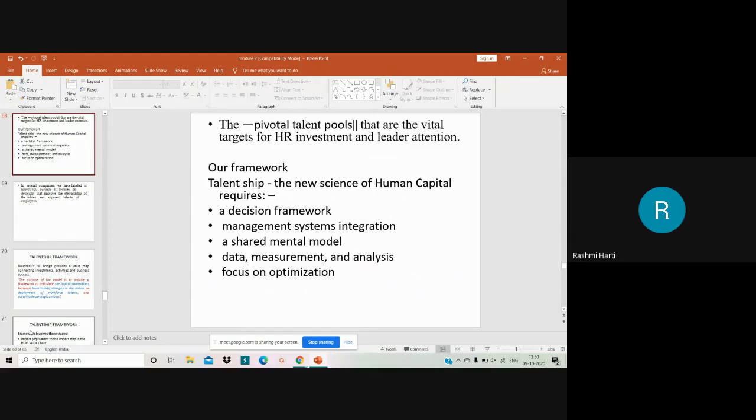Talentship framework is nothing but, in short, decisions which are taken at the right time based on the data you have, which identifies the talent and utilizes the talent of the organization in an optimum way to give growth to the employees as well as to the organization.